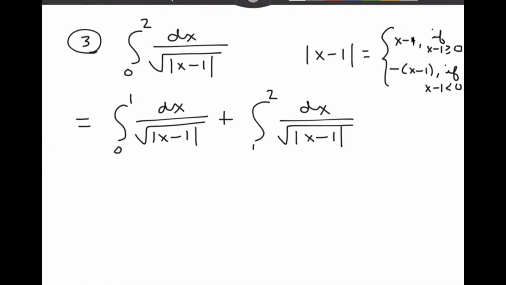On the second integral from 1 to 2, x minus 1 is non-negative. So we can write this integral as just dx over the square root of x minus 1. We don't need the absolute value. However, on the other integral, 0 to 1, x minus 1 is negative on that interval.